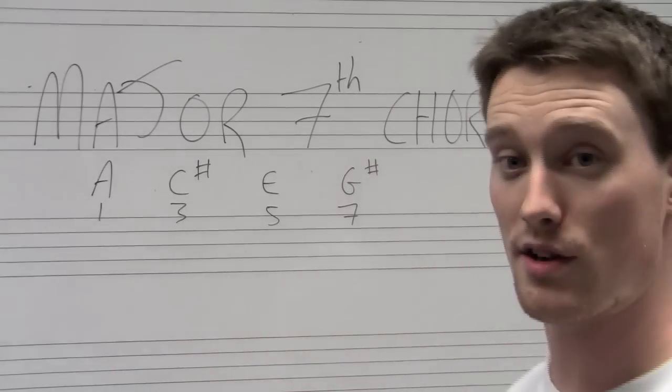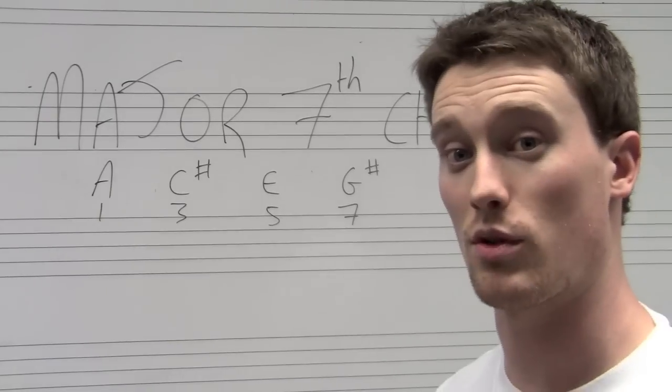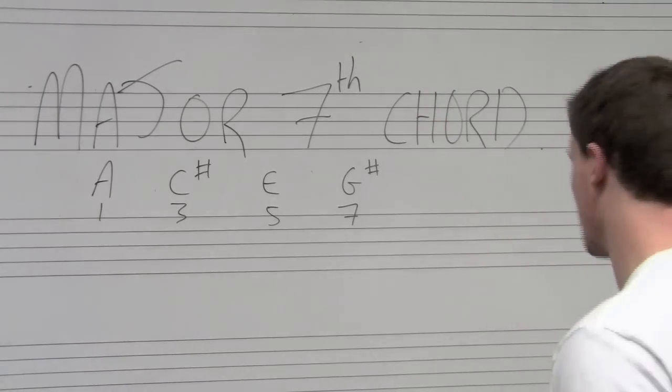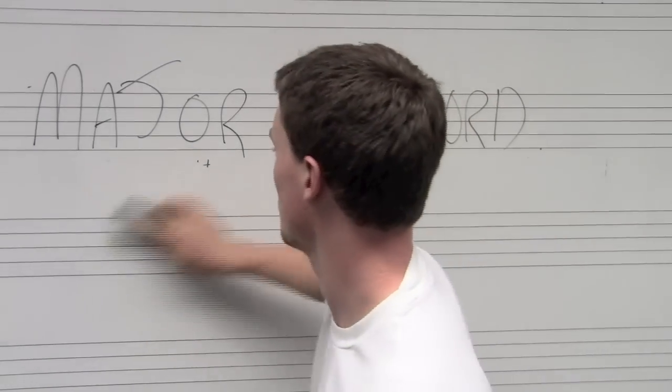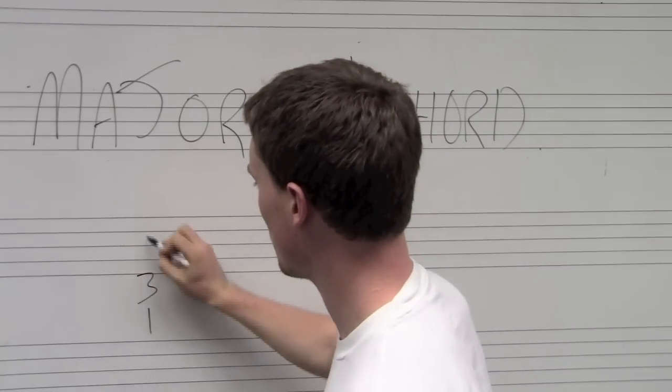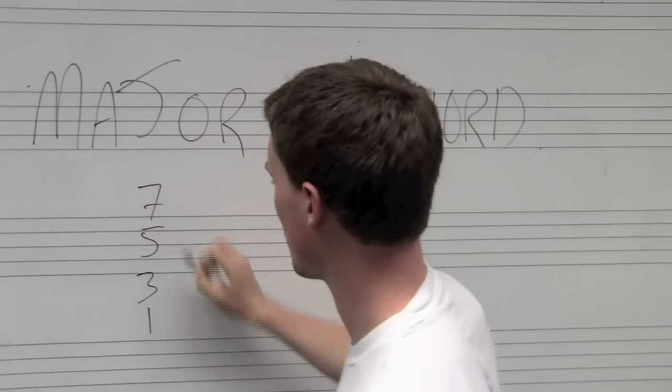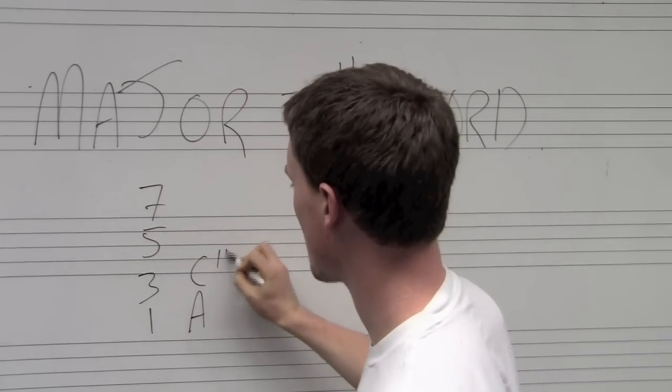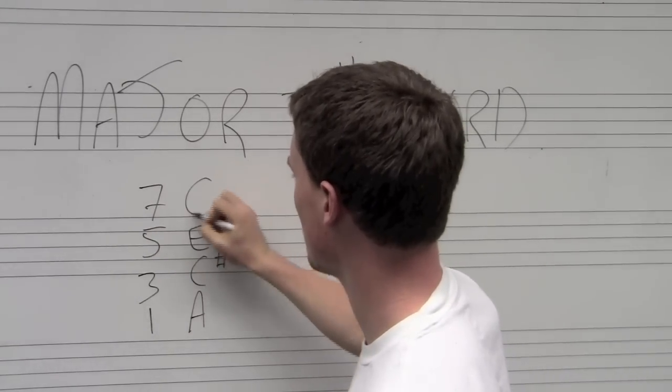And all those there are the notes in the A major 7th chord. And let's draw it vertically. 1, 3, 5, 7. A, C sharp, E, G sharp.